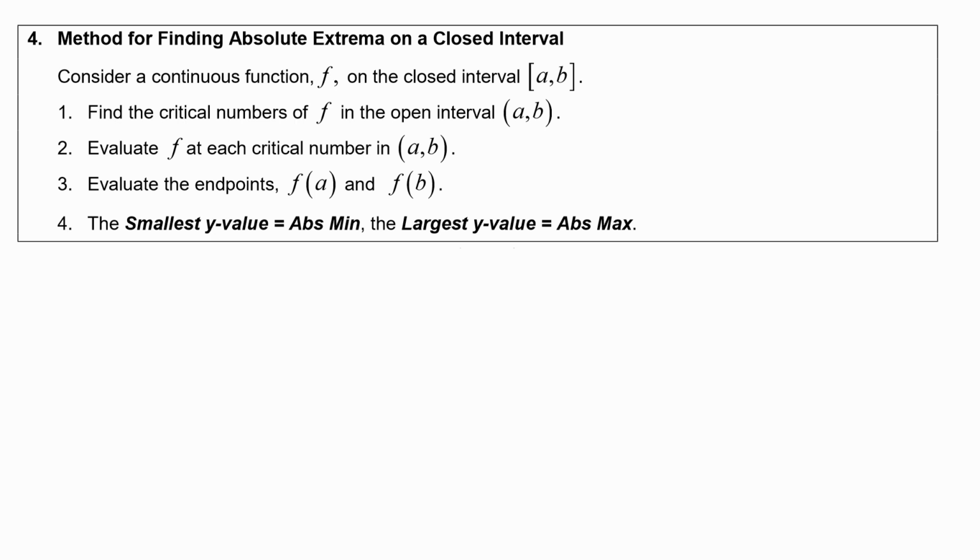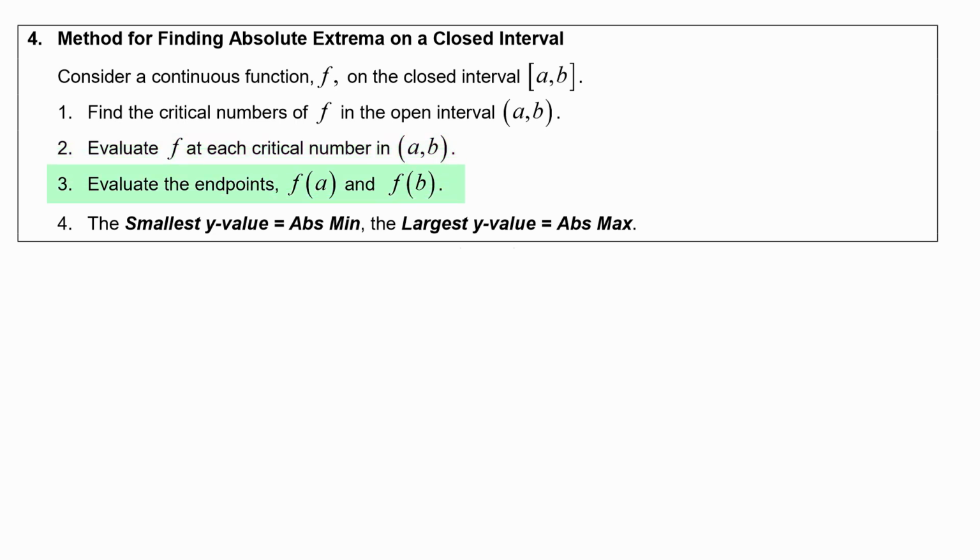Next up, you learn a method for finding absolute extrema on a closed interval. Consider a continuous function, f, on the closed interval from a to b. Step 1, find the critical numbers of f in the open interval from a to b. Step 2, evaluate f at each critical number in that open interval, a to b.